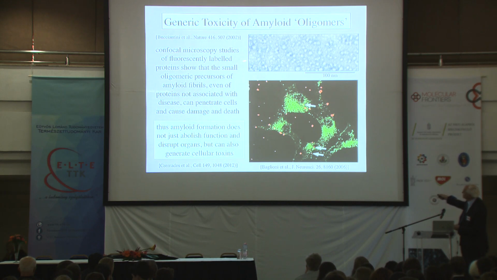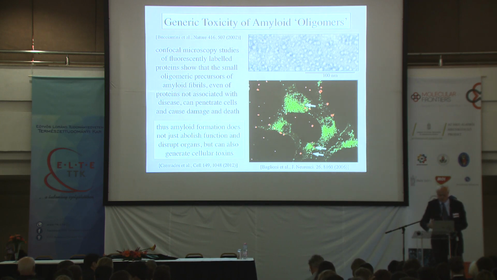And we could show, for example, if you add them to various cell cultures, whether they're anything to do with disease or not, they'll penetrate cells and stick to various components or disrupt membranes. So amyloid formation doesn't just get rid of function, it doesn't just disrupt tissue and organs, it generates toxic species within the cells and the body.